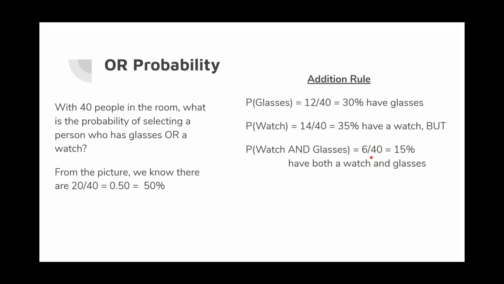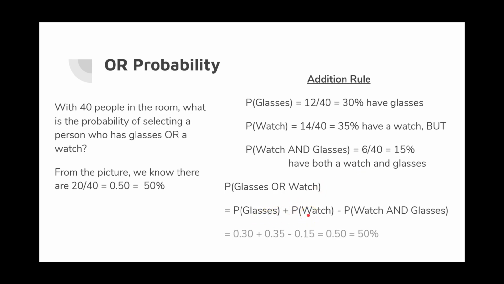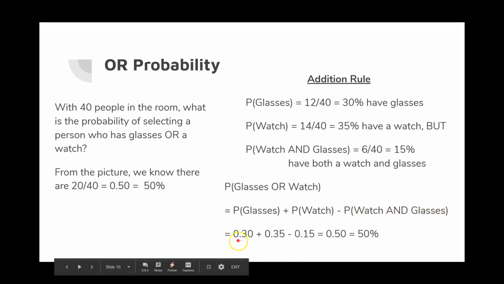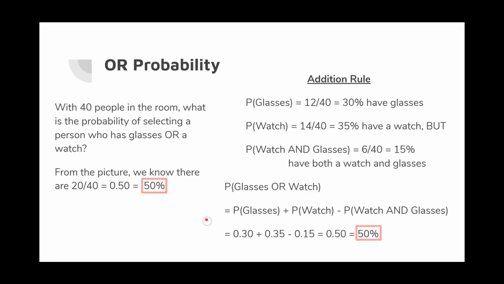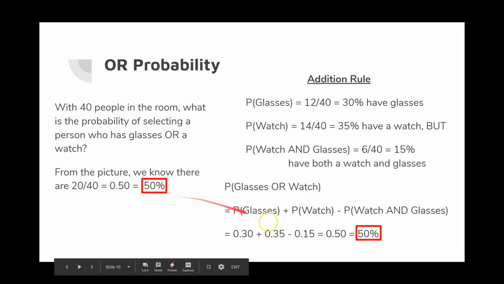So if we just use the addition rule, then this is saying that, okay, we could add those two groups together, the glasses and the watch, but the people that were counted twice, we subtract them out, so they're only left with it once. And so we get 0.3 plus 0.35 minus 0.15 is 50%, which is exactly the same thing that we got just visually counting them versus using the rule.